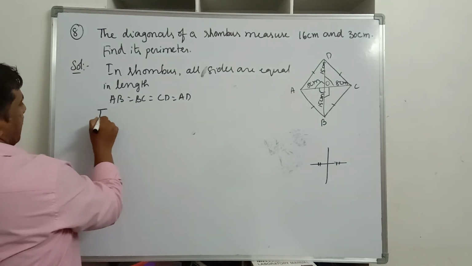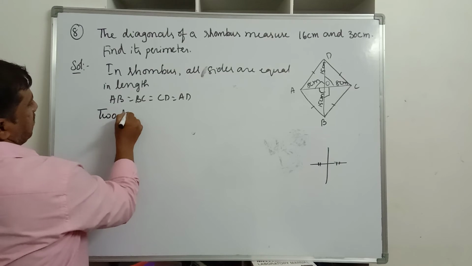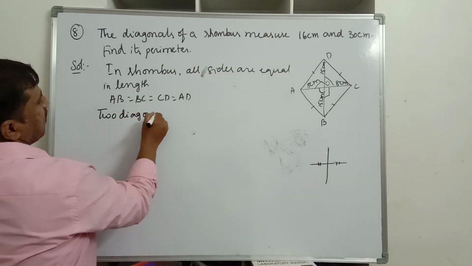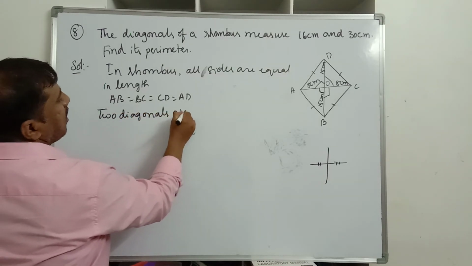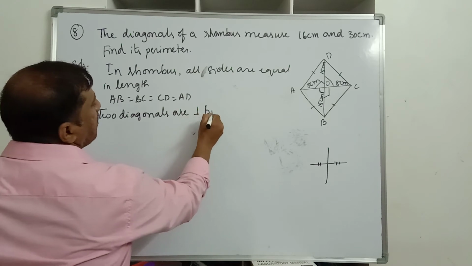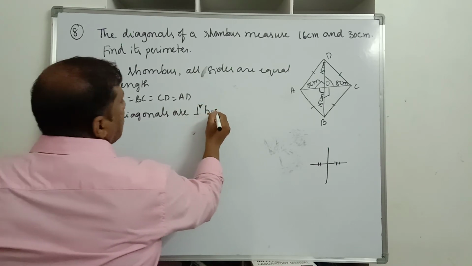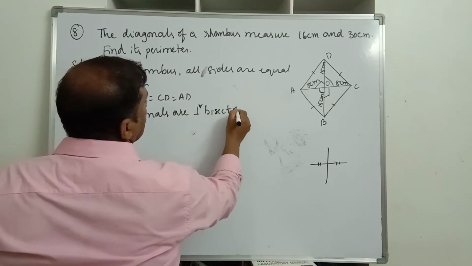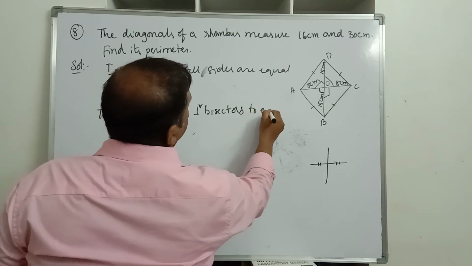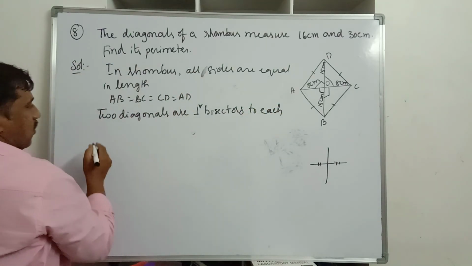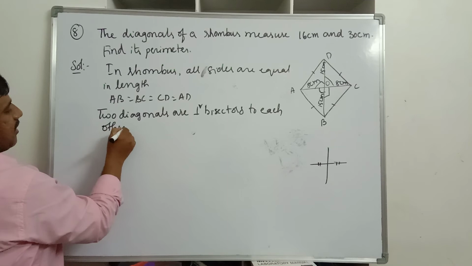Now, the two diagonals are perpendicular bisectors to each other. They are perpendicular bisectors to each other.